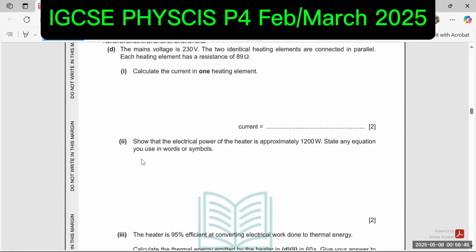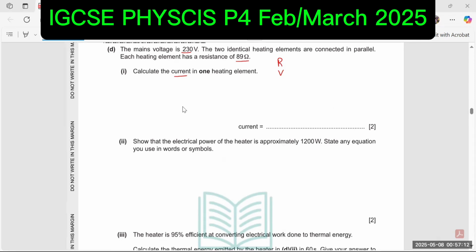So D part, the mains voltage is 230 volts. Two identical heating elements are connected in parallel as you saw in the heater. Each heating element has a resistance of 89 ohms. Calculate the current in one heating element. We have the resistance and the voltage, and we need to find the current.